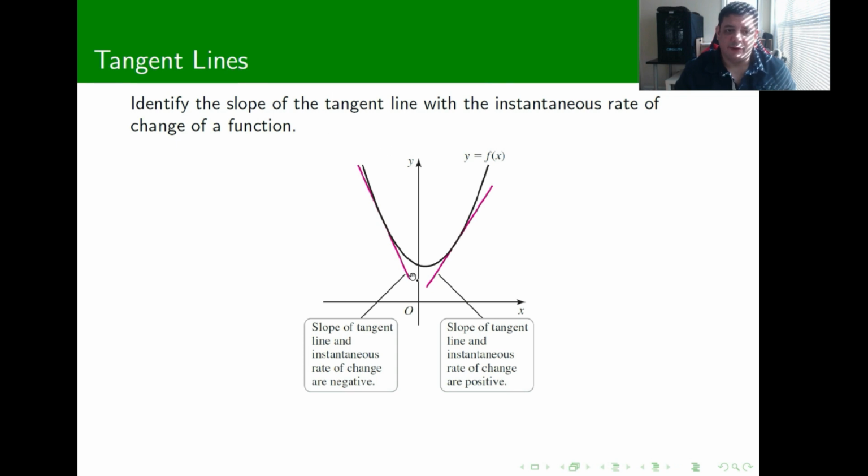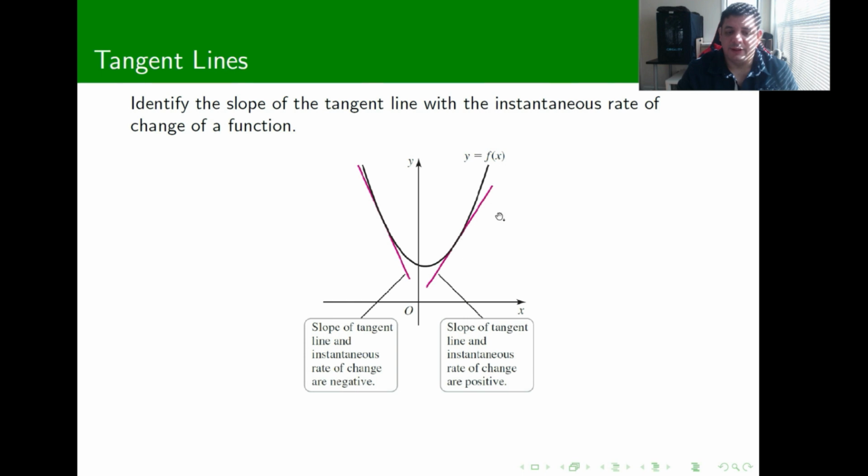When we have a function, we can identify the slope of the tangent line with the instantaneous rate of change of a function. The slope of the tangent line and instantaneous rate of change is negative when you see that the tangent line is doing this movement, and it is positive if you see that it's going in this direction.